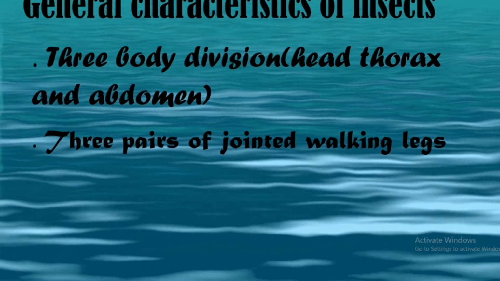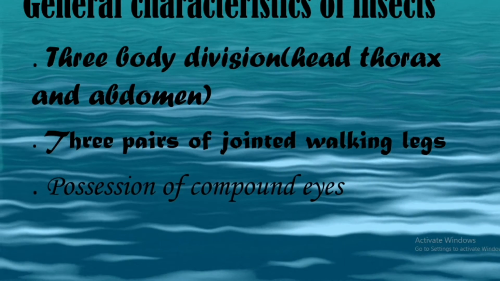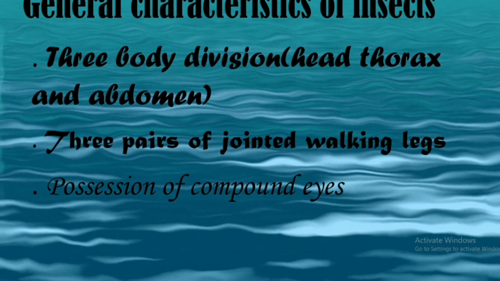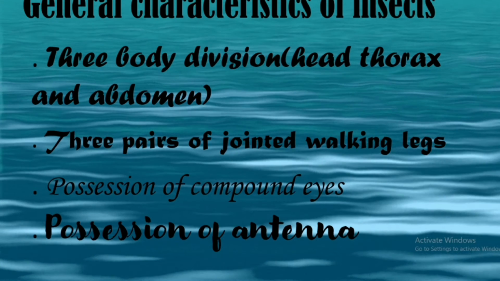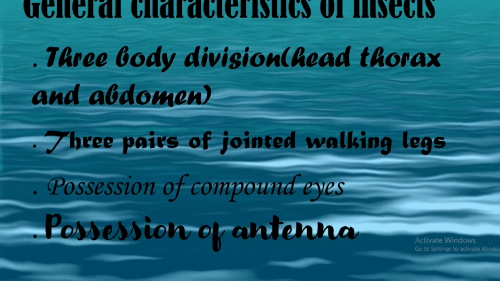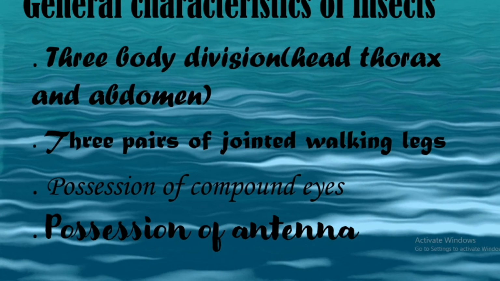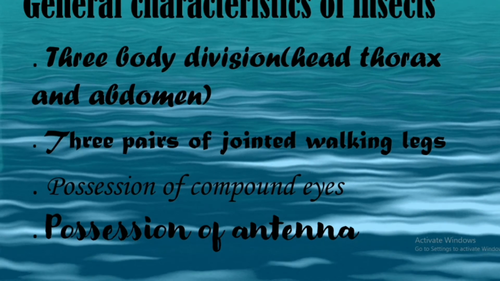Then another characteristic they all possess is compound eyes. They also have another structure called the antenna, which is used for locating their way. And the characteristics are 3 body divisions, 3 pairs of jointed legs, possession of compound eyes, and antenna.